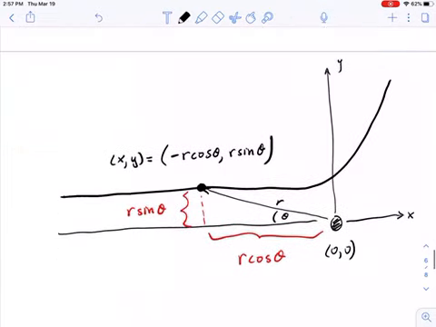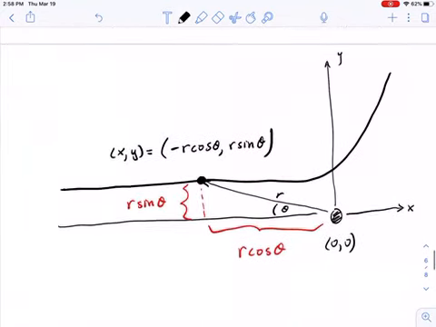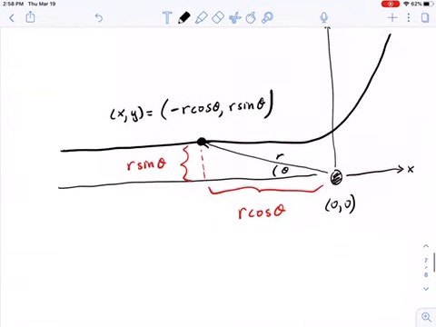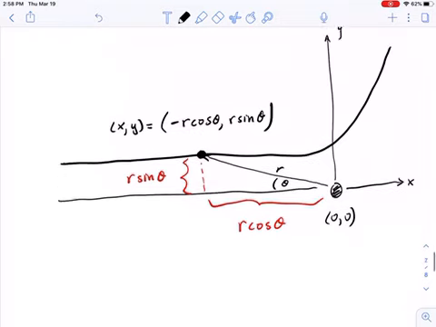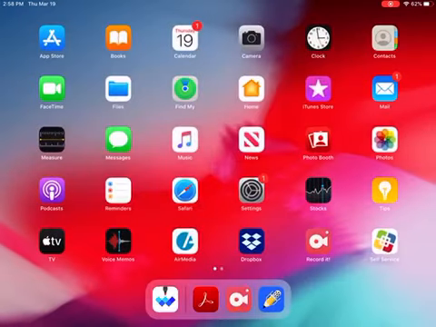So if you pick some values for the constants in the numerator, which is essentially like picking a certain value for the angular momentum L, and you pick a theta naught, which is the angle of closest approach, then you can just plot the xy coordinates for different values of theta. Okay, and so I made those plots and I want to show them to you.